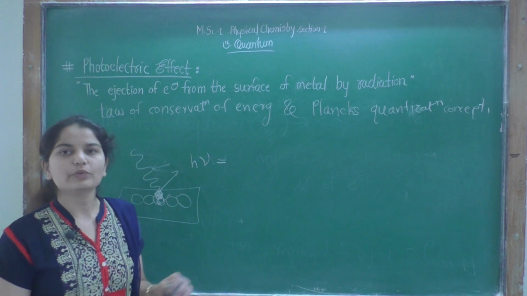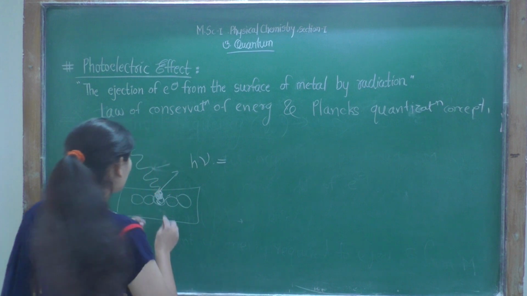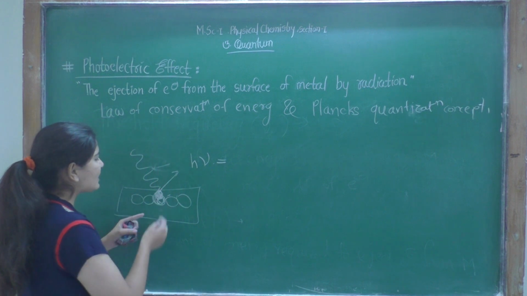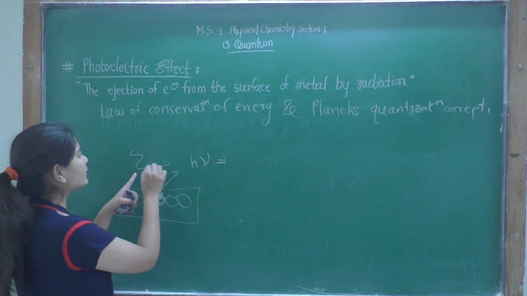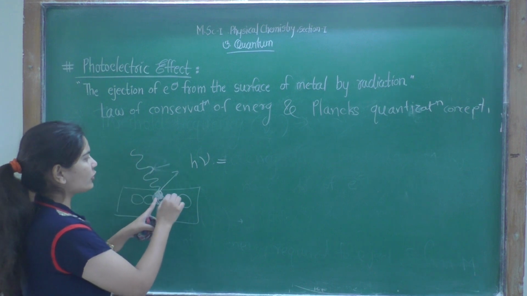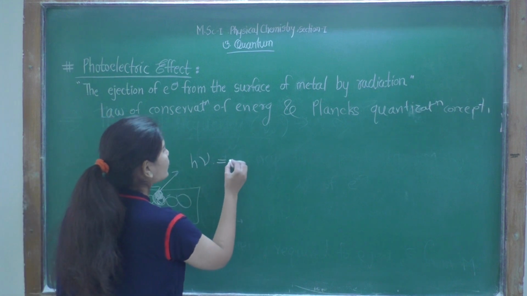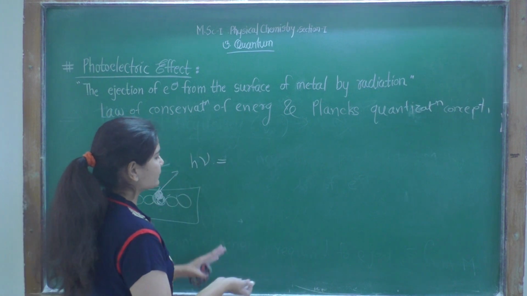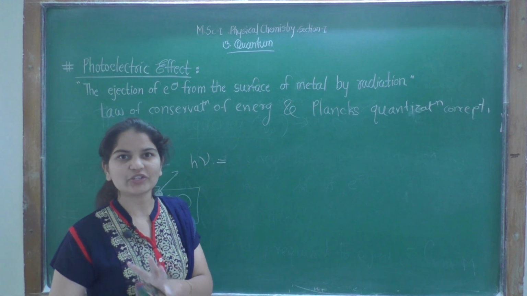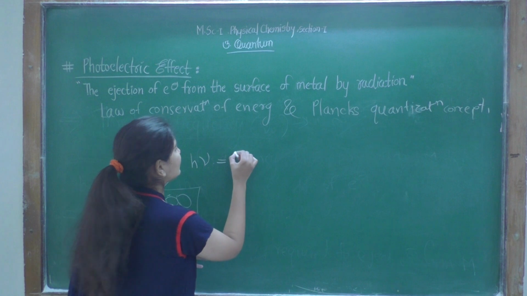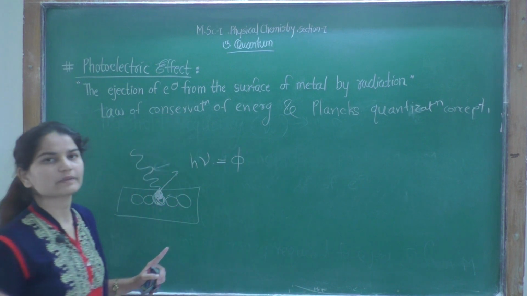To break that force, the electron will spend some energy, which it obtained from the photon or radiation, that is h nu. It will spend it to eject from the metal surface, to oppose the attraction by the nucleus. That is called the minimum amount of energy, and it is denoted by phi, the work function.